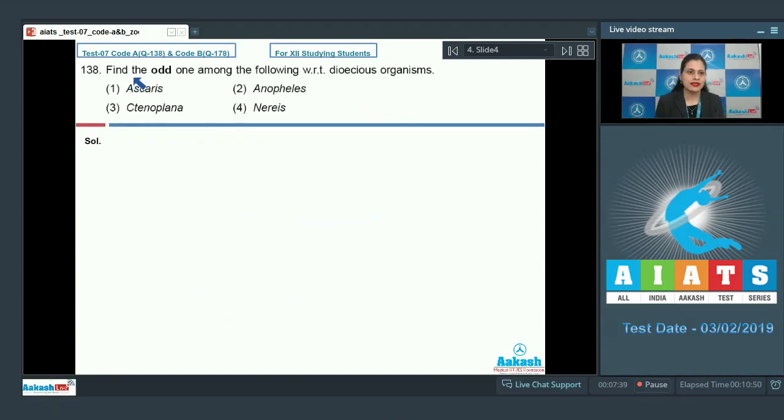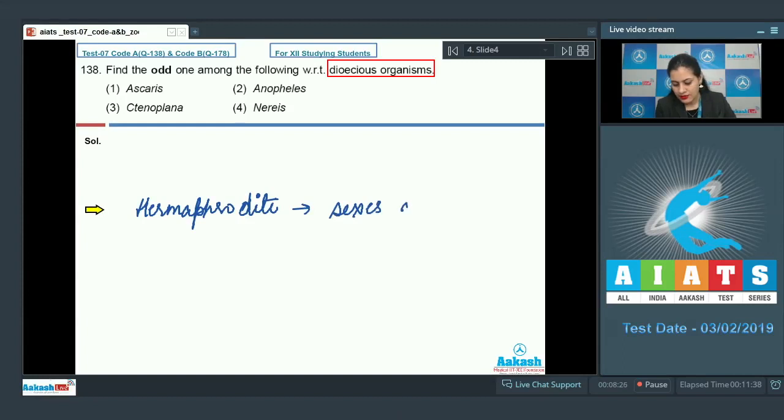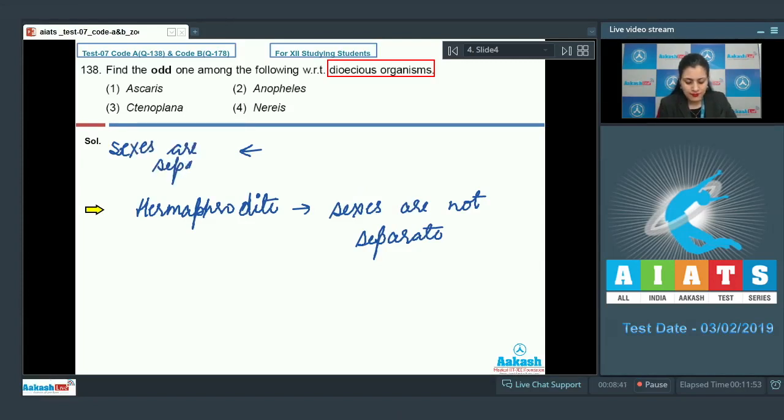Question number 138. Find the odd one among the following with respect to dioecious organisms. And among the given options, you need to find out a hermaphrodite, in which sexes are not separate, whereas in dioecious organisms, sexes are separate.